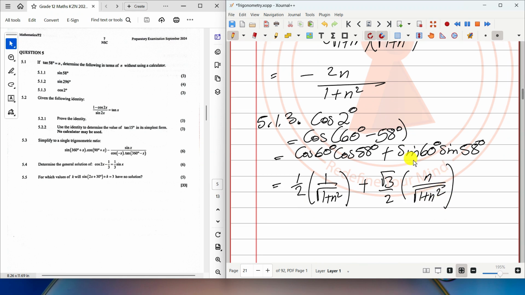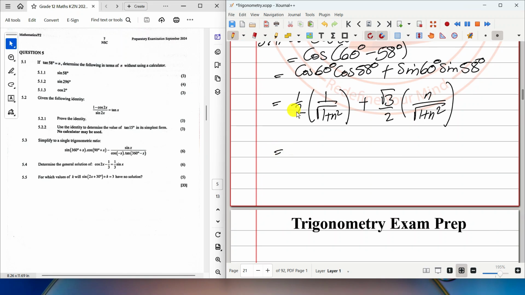Now, this will be 1 times 1 is 1 plus n root 3. Oops, I've hurried it. So this is 1 over 2 times the square root of 1 plus n squared, plus n root 3 over 2 times the square root of 1 plus n squared.